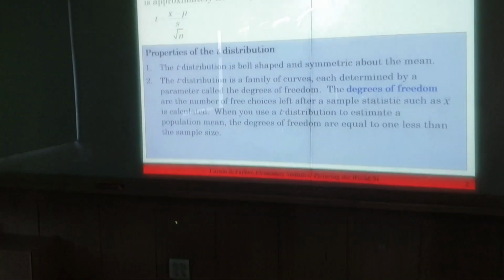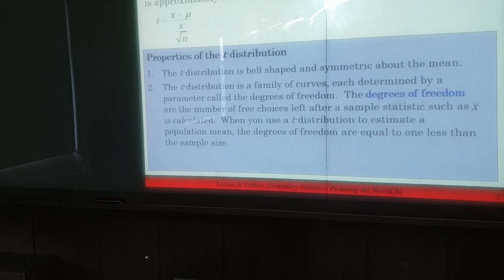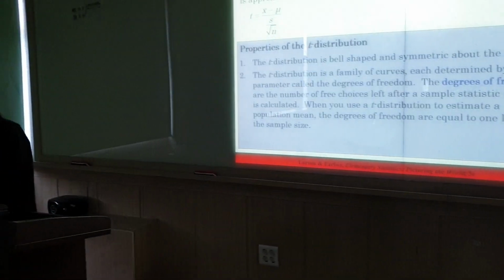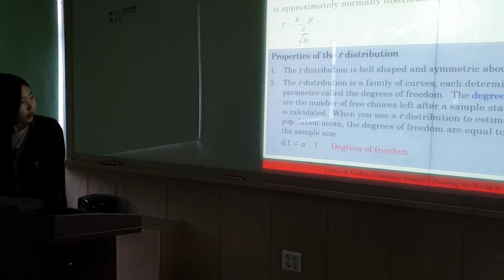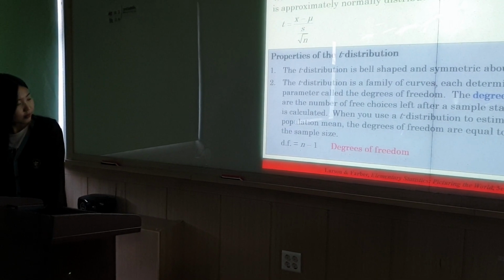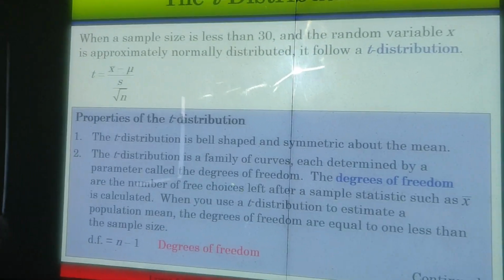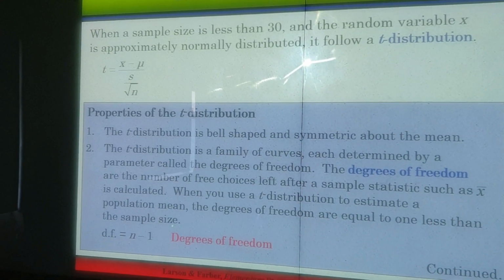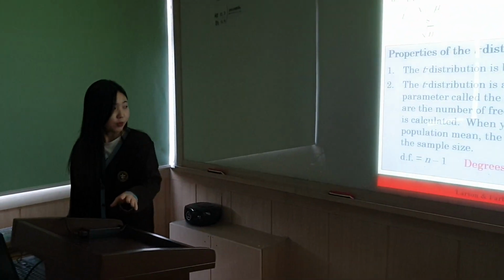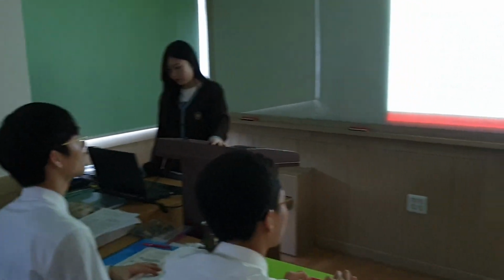The degrees of freedom is the sample size minus 1, so we say n minus 1. When you use the t-distribution, we have to consider degrees of freedom. That's the biggest difference from the normal distribution.